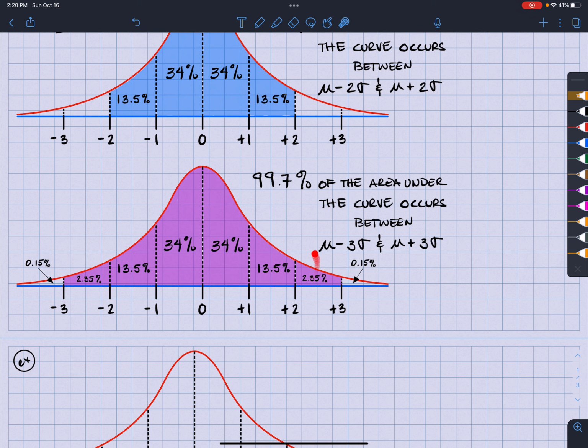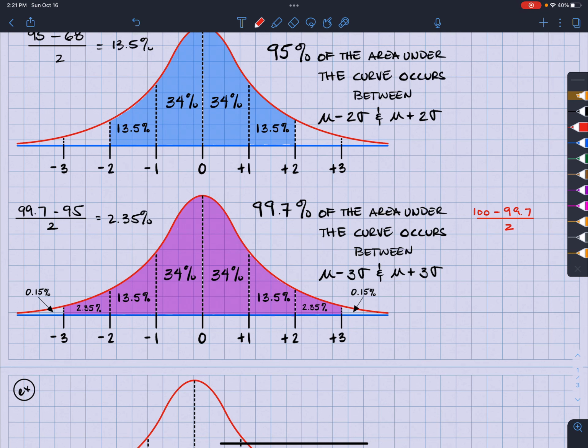So same idea here. I just basically did the 99.7 minus the 95%, and then took that and divided by 2. And that's going to give you that 2.35%. And then to get the 0.15, I just took the 100% minus the 99.7 and divided that by 2.